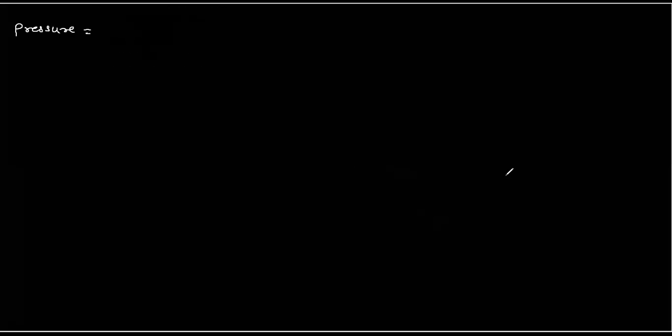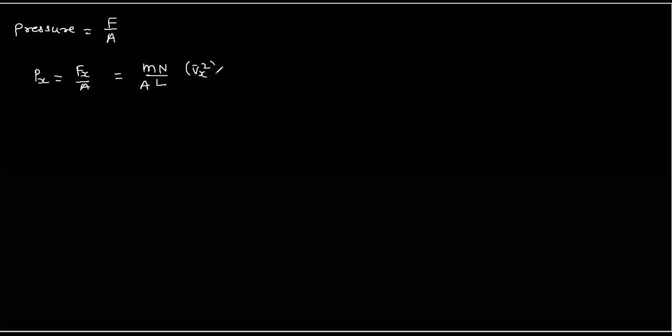Pressure along the x-axis is equal to Fx divided by A, and that is nothing but m n by L into A, because A is down only, into Vx bar whole square.